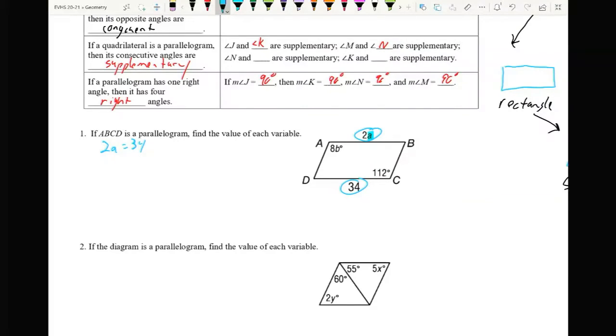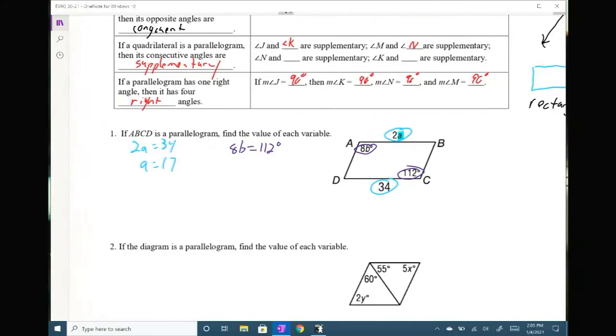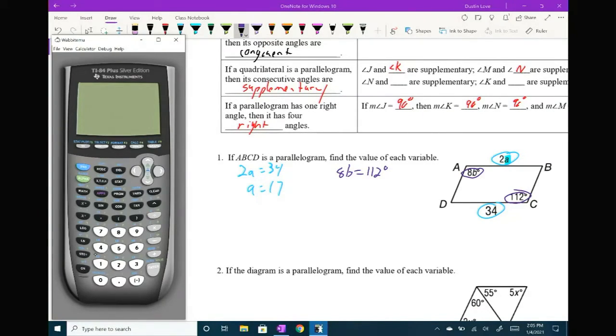Divide both sides by 2, and I'm going to get A equals 17. I also know that opposite angles are congruent, so I know that AB is equal to 112 degrees. And that's not one that I have memorized. 112 divided by 8 is 14.